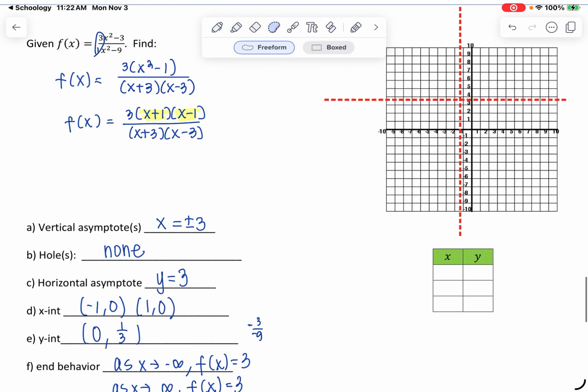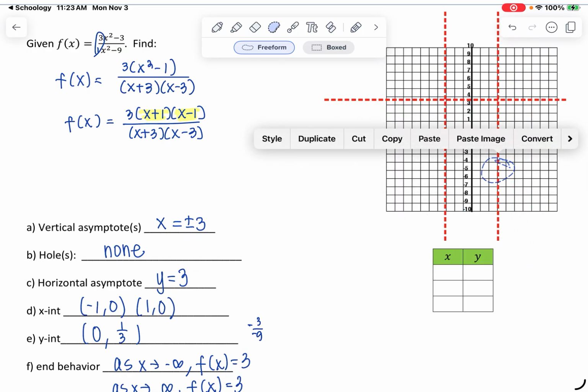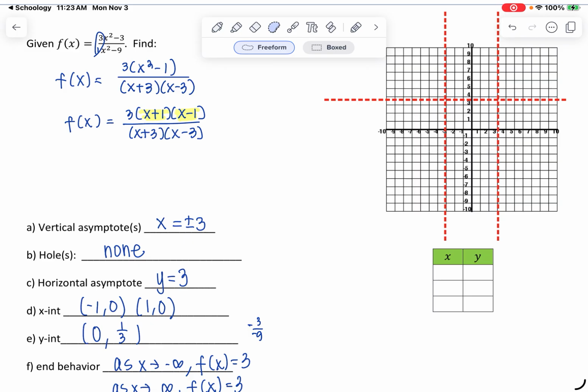All right, we have a vertical asymptote. I'm going to copy this and paste another one. Okay, we have a vertical asymptote at x equals -3, a vertical asymptote at x equals positive 3, and then we have a horizontal asymptote at y equals 3. Okay, arrows on the ends of all of them to show that they go on forever and ever.